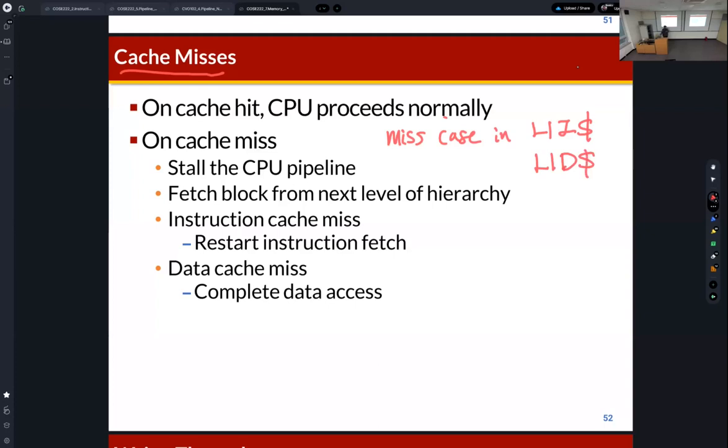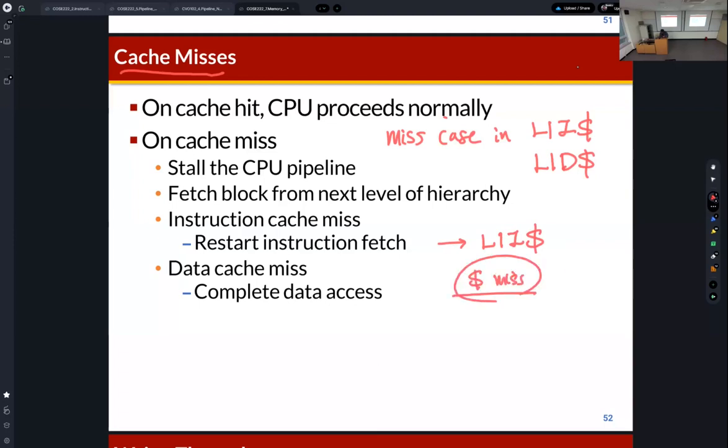So what will happen? If a cache miss is encountered, the data needs to be transferred from the main memory, and it will take longer cycles. It will take a long time. So think like this: we access the level 1 instruction cache, but a cache miss happens.